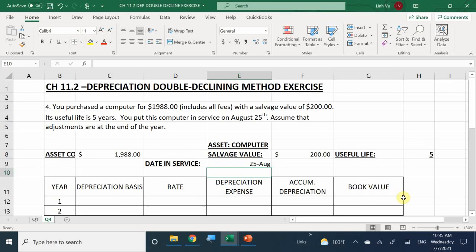Since it's after the 15 days, it's going to start in September. So September, October, November, and December. That's 4 months, so for the first year my asset is only 4 months old. We'll keep that in mind.